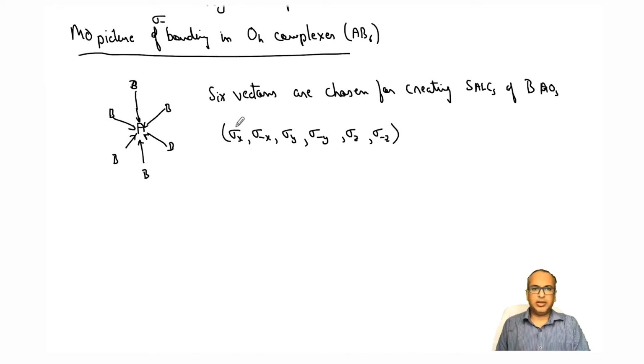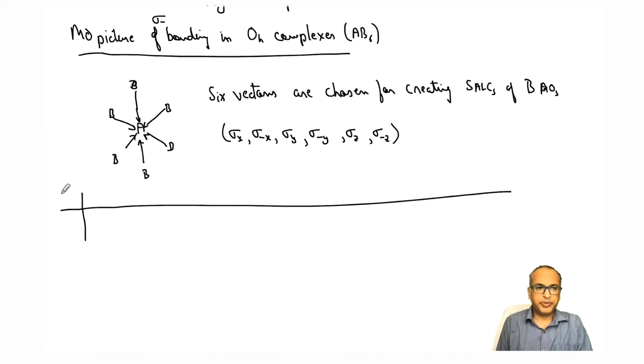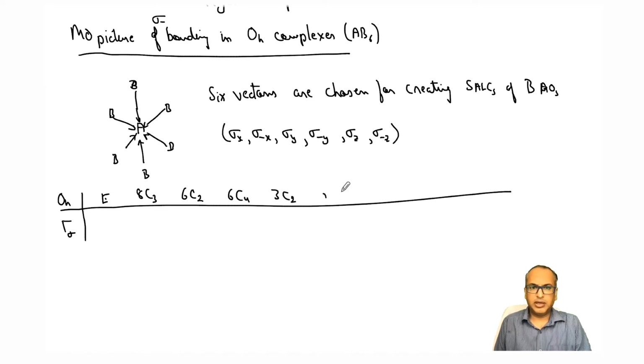If you take all of this and create a reducible representation under Oh symmetry, you will have tau sigma, which will be E, 8C3, 6C2, 6C4, and 3 C2s, I, then we have 6 S4s, 8 S6, 3 sigma h, 6 sigma d.